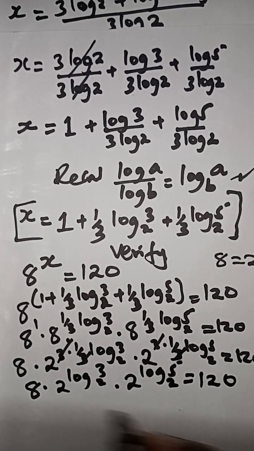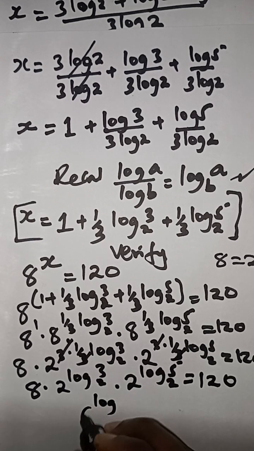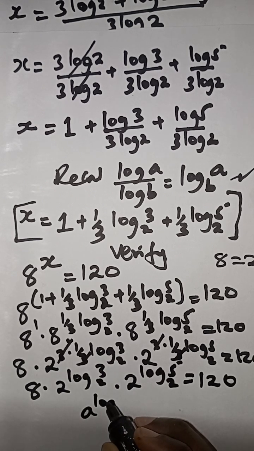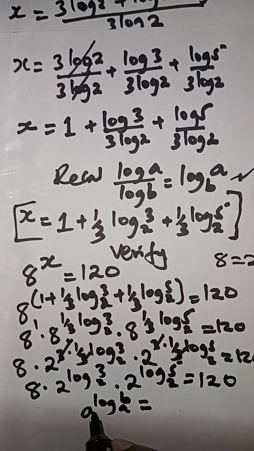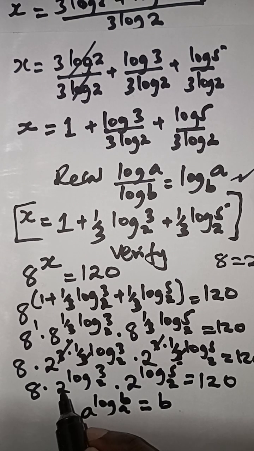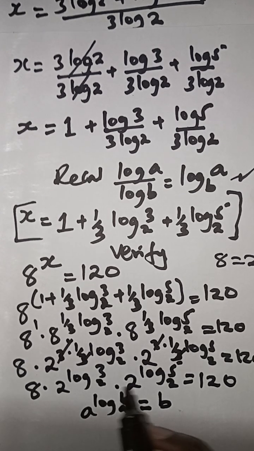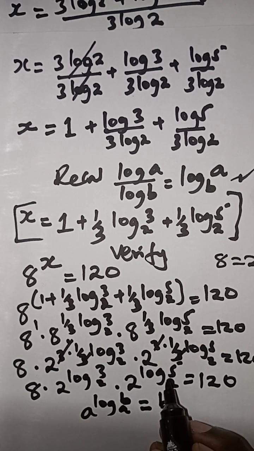So you also need to recall that wherever you have a raised to the power log of b to the base a, if the base and the base are the same, I'm going to end up with b. So you realize that here we have 2 to the log of 3 base 2, and then 2 to the log of 5 base 2.